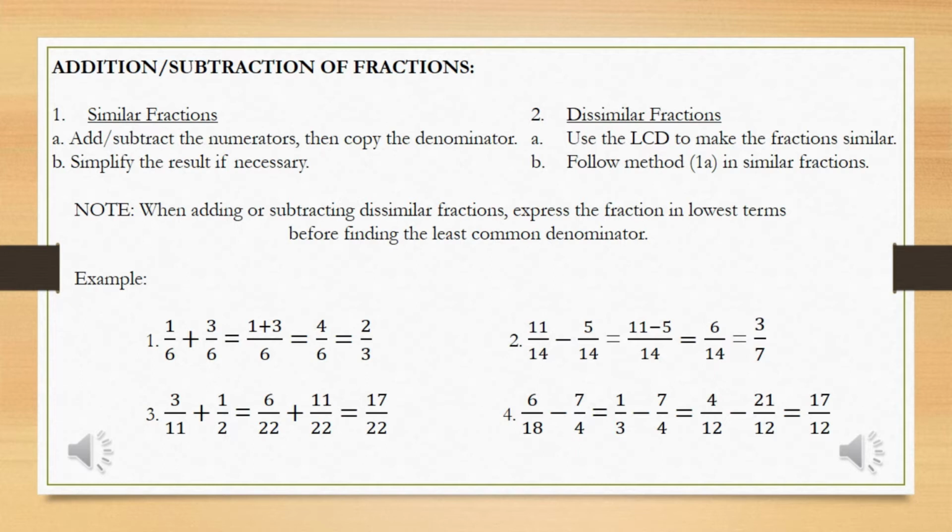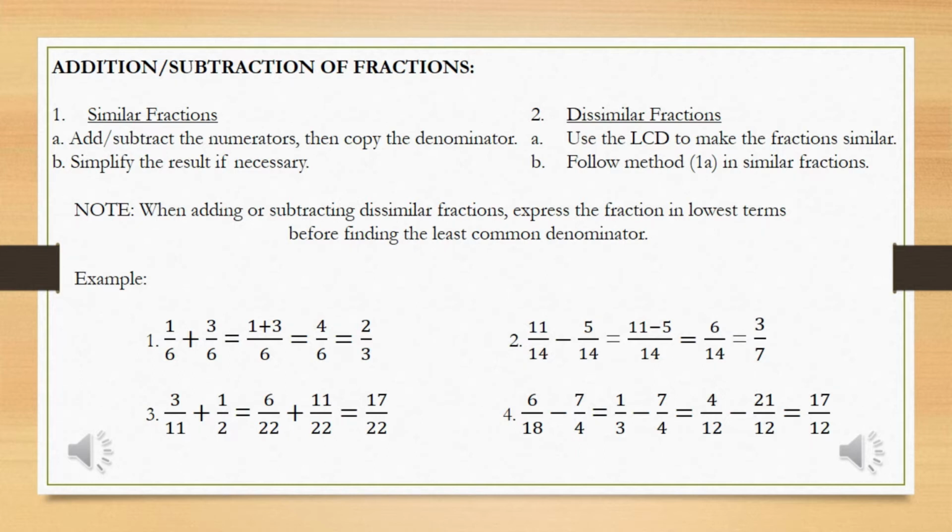Note, when adding or subtracting dissimilar fractions, express the fraction in lowest terms before finding the least common denominator, or by simplifying the fractions. Example, number 1, we have 1/6 plus 3/6. Since they have the same denominator, we should right away add or subtract the numerators, then copy the denominator.